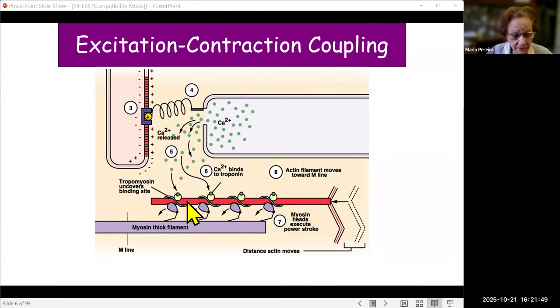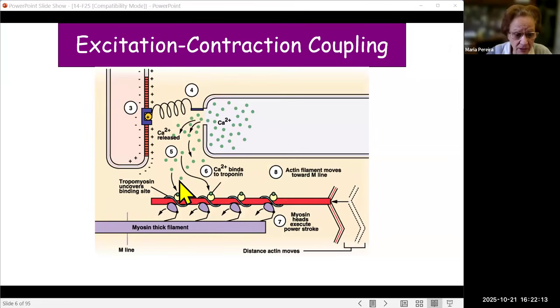Now, the thin filament has troponin, here represented in yellow, it's spherical, and you have the tropomyosin that is covering. When there's no calcium, the tropomyosin, a spaghetti-like structure, is covering the actin binding sites on the actin.